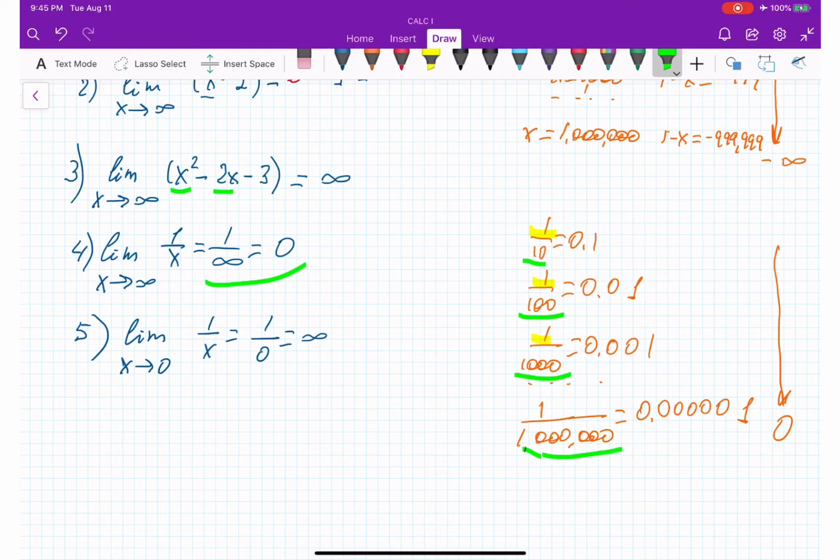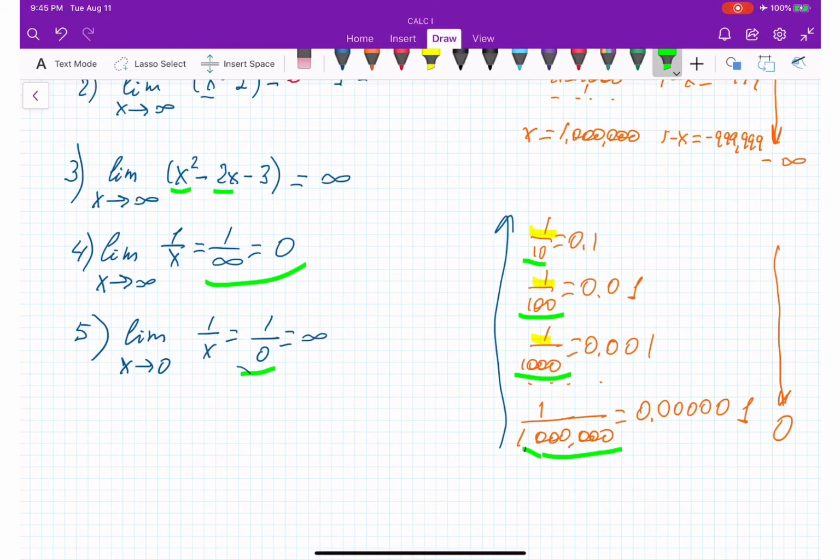And the other way, since you are dividing by 0, you get a number, let's say million, right? This time you can go from million to 10 because it's running to 0. So million, thousand, 100, 10, and so on. You will see that the result is going to grow to infinity.